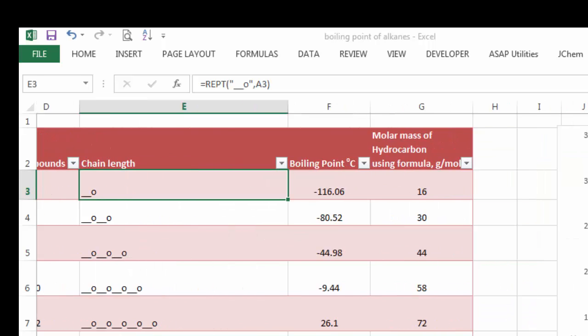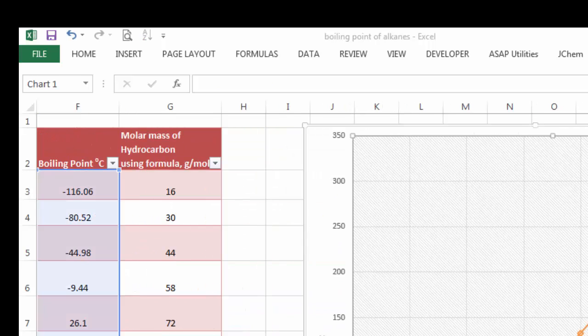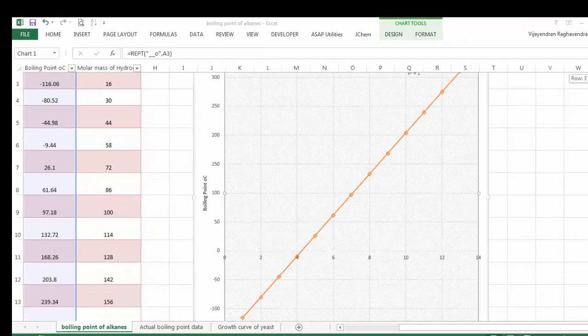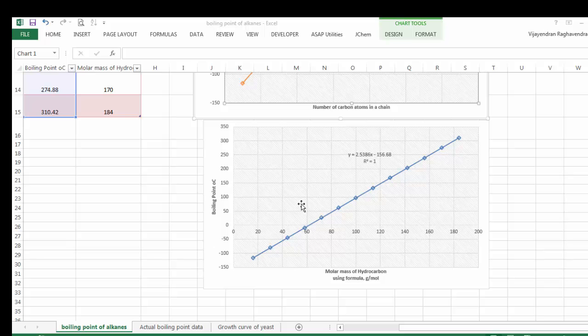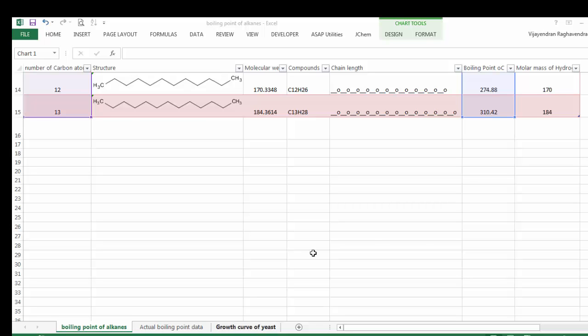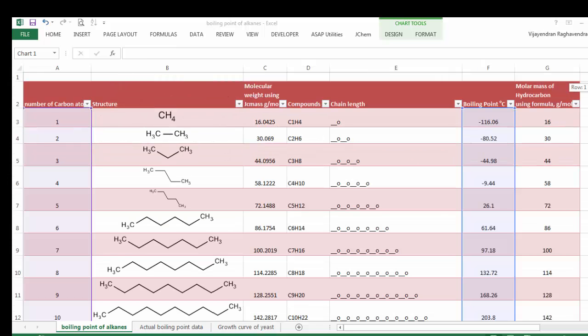So I've done the same thing here, which you can see here. This is the plot of the boiling point versus the number of carbon atoms and the molar mass versus the boiling point. So I've got two different examples, just the data presented in a slightly different way using some of the Excel functions as well as the JChem add-in from Chemaxon.